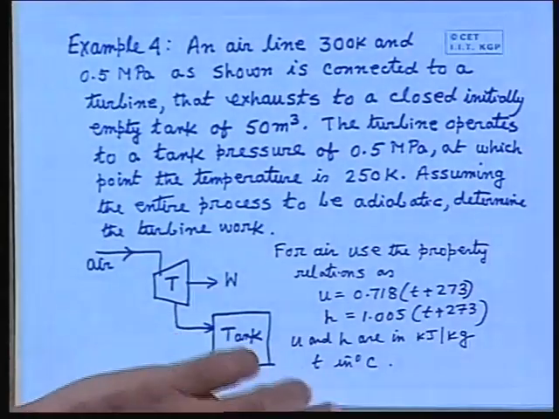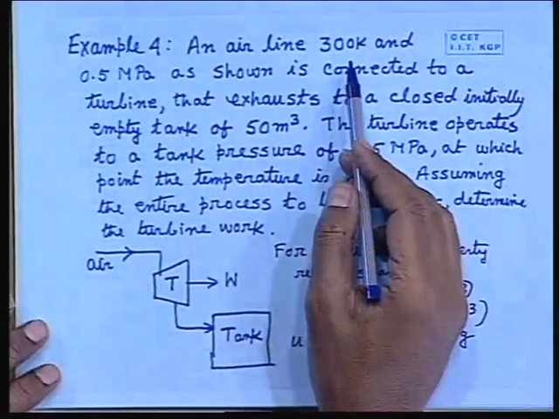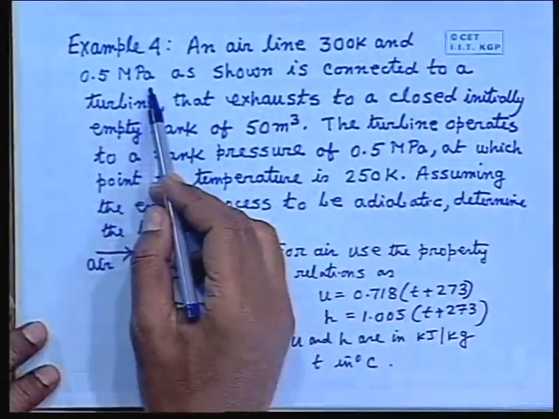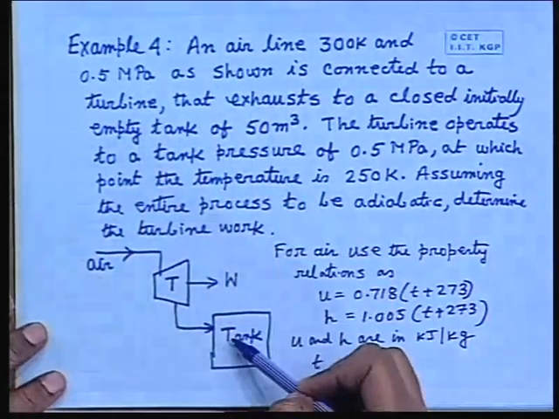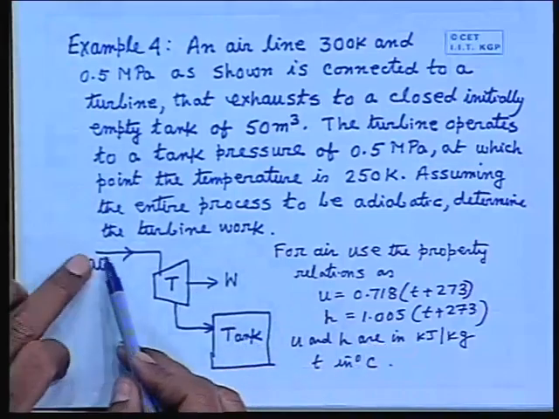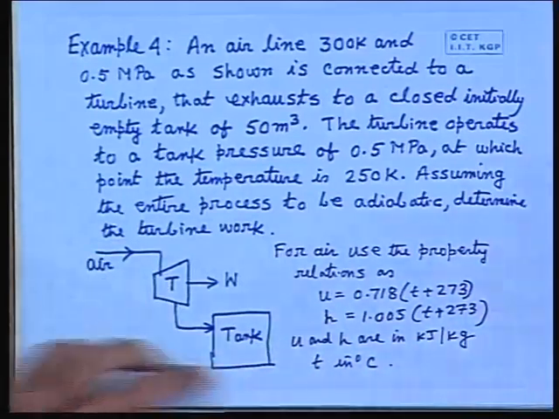So wait. Problem 4. An air line at 300 K and 0.5 megapascal, as shown, is connected to a turbine. This is the air line, this is connected to a turbine.